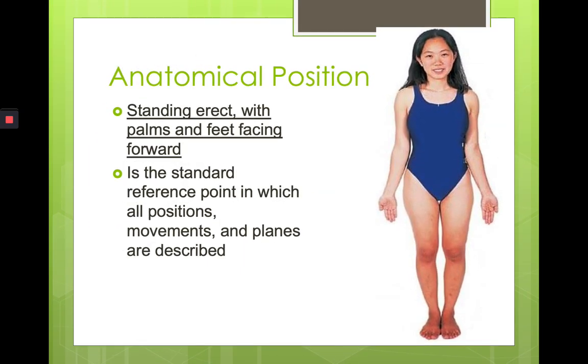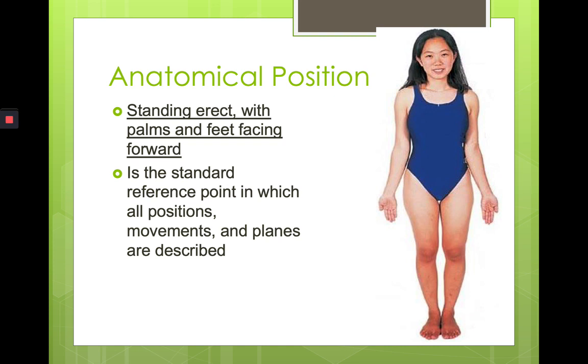And so the very first thing we start with is the anatomical position. When we're referring to the human body, we have to have a reference point. Are we referring to the body as it's standing up, sitting down, or bending over? And so we have this universal anatomical position. You can see this subject right here is standing in perfect anatomical position.